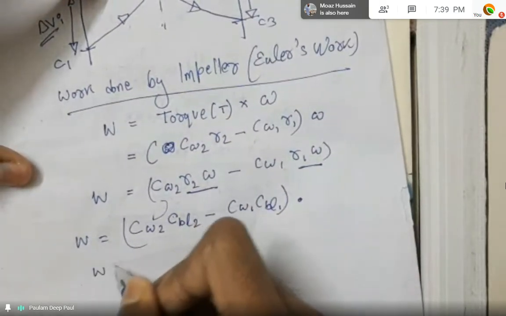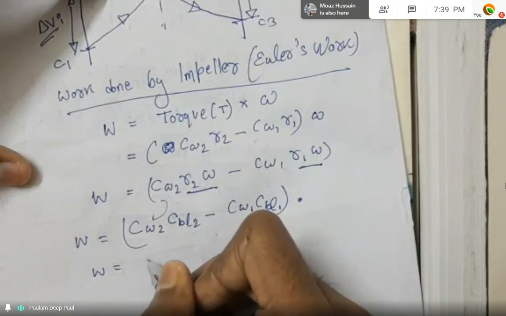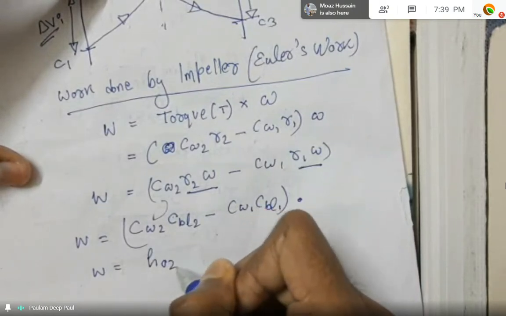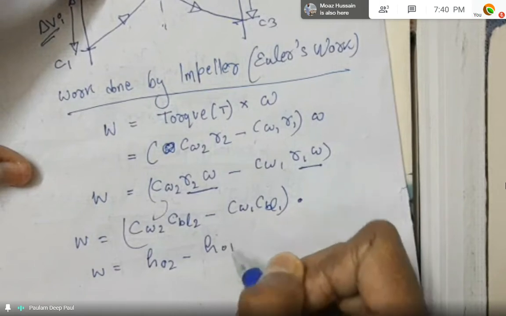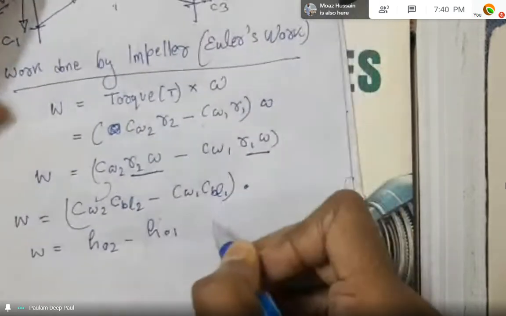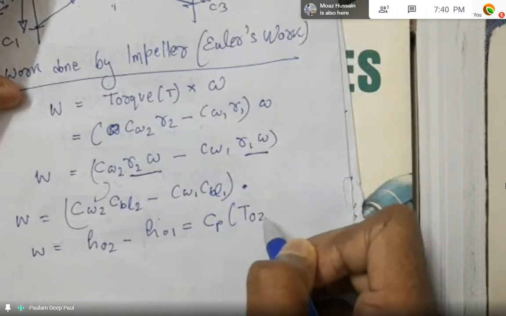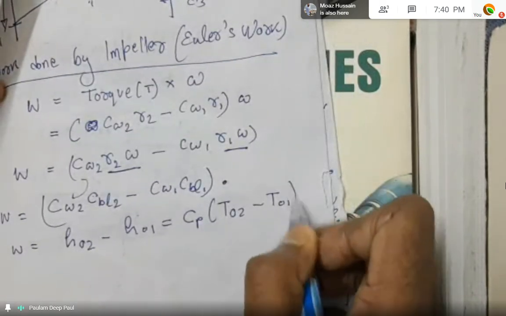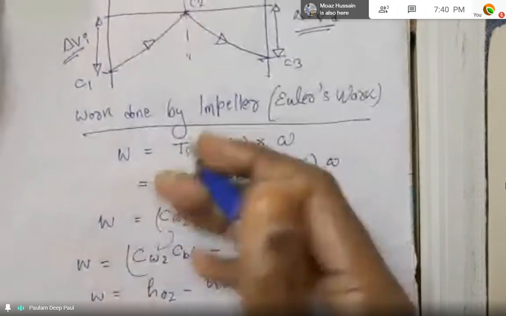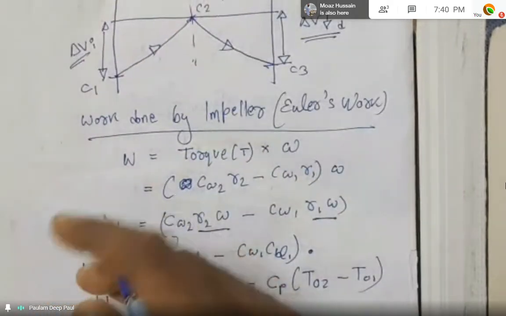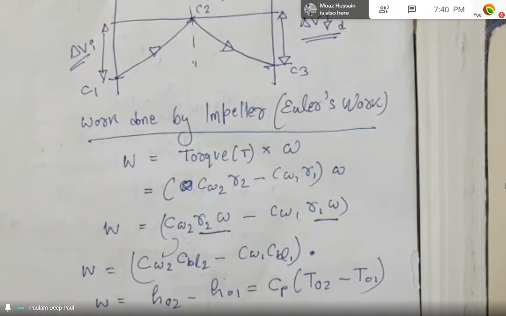This can be further expressed in terms of enthalpy, that is H02 minus H01, which can be further written as Cp (T02 minus T01), because essentially in a compressor there is an enthalpy change due to the rise in pressure.